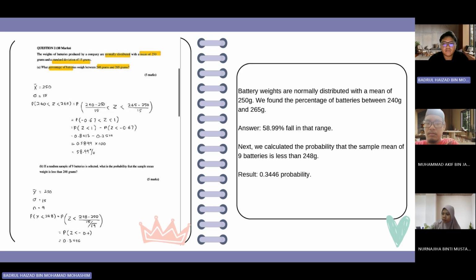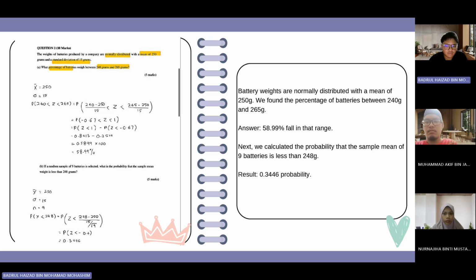So battery weights are normally distributed with a mean of 250 grams. We found the percentage of batteries between 240 grams and 265 grams. So by using the formula, we get the answer for A is 58.99% fall in that range.